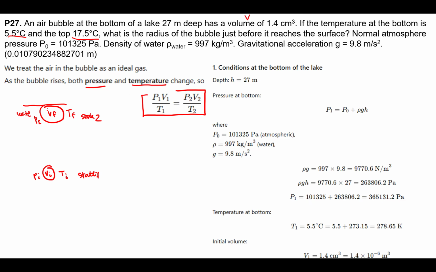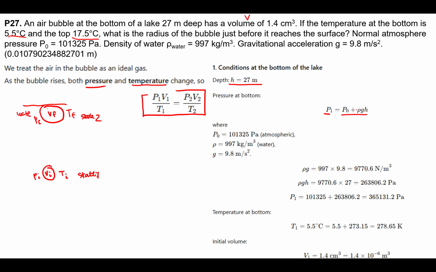So inside is filled with ideal gas. Okay? And then this should be satisfied. And then let's try to find out the bottom of the lake. H is given by this one. And the pressure at the bottom is given by P1 equals P0 plus rho g h.